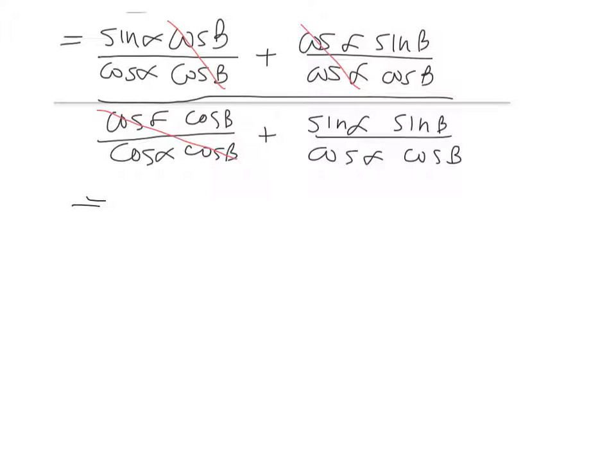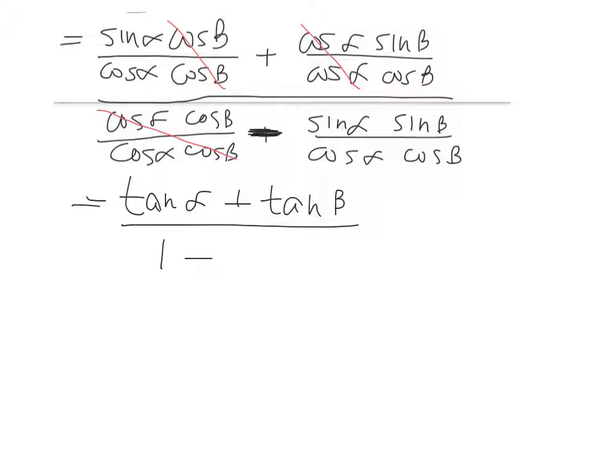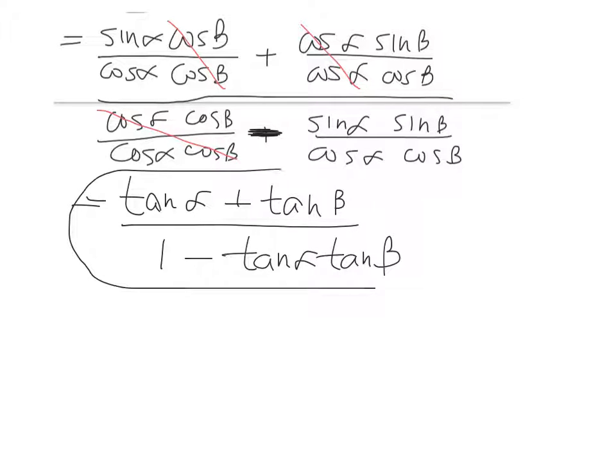For my numerator, I'm left with tangent alpha, because sine over cosine is tangent, and then tangent beta, all over 1 minus, I copied that wrong, this should be minus, I'm sorry, 1 minus tan alpha tan beta. So it always looks so daunting, but it always simplifies out into some sweet little equation that's a ton of fun.